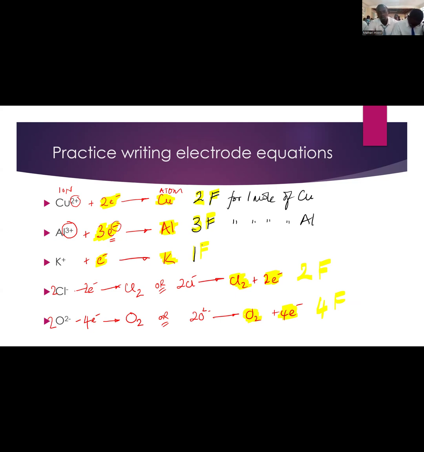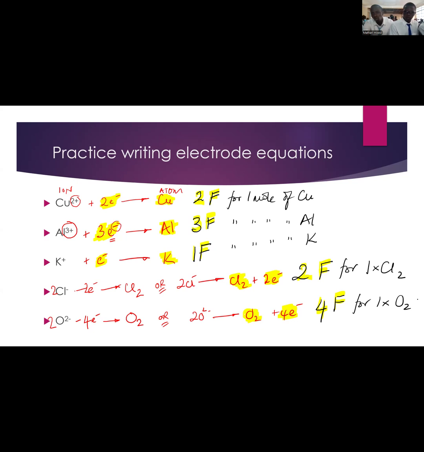We need 1 Faraday for 1 mole of potassium. We need 2 Faradays for 1 chlorine, and we need 4 Faradays for 1 oxygen.